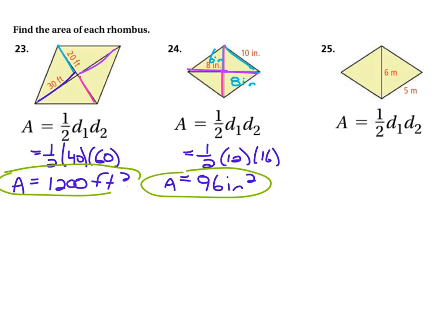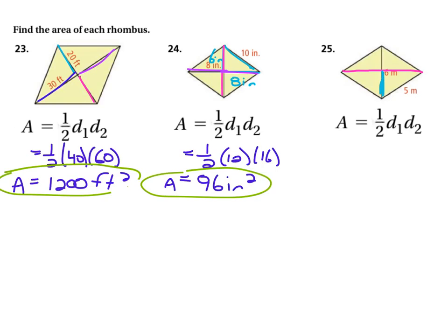Okay, this last one, not terribly hard, but you've just got to be able to see it. If we drew another diagonal, because we don't have that second diagonal, if we drew this second diagonal through here, you can see that that would split this length right here, which I'm going to highlight in blue.